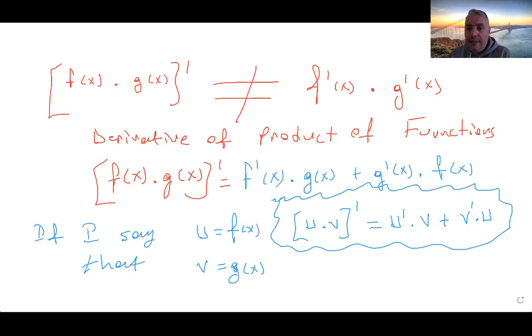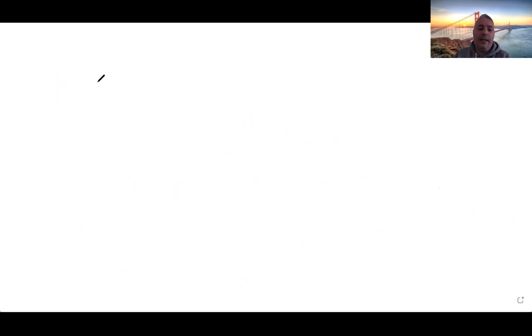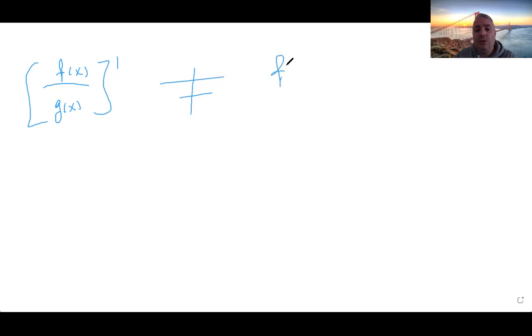Then the other very important thing, the derivative of the quotient. What does it mean? F of x divided by g of x derivative is not equal to f prime of x over g prime of x. This is wrong. So what is the rule?